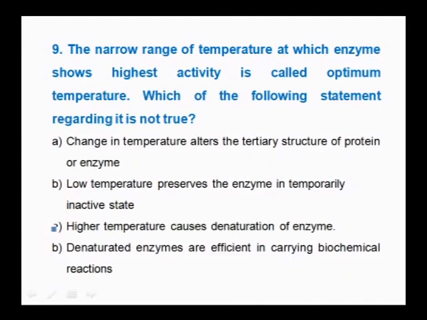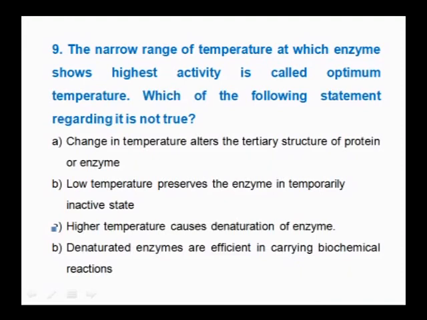First option is change in temperature alters the tertiary structure of protein or enzyme. B, low temperature preserves the enzyme in temporarily inactive state. C is it is a stable product of enzyme action.